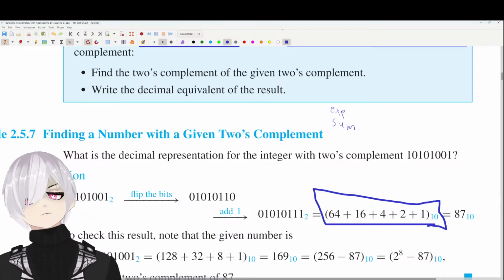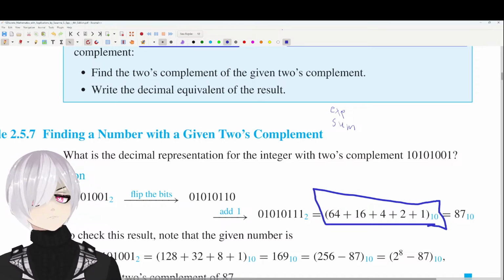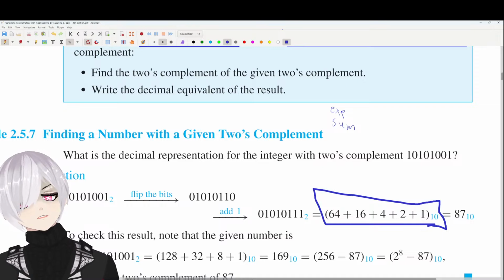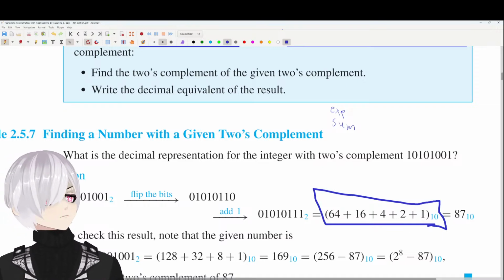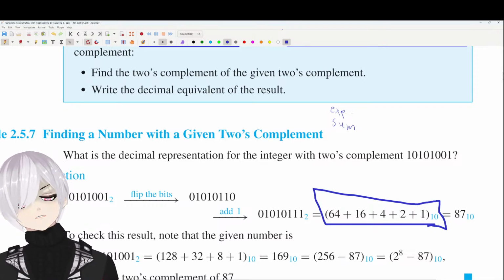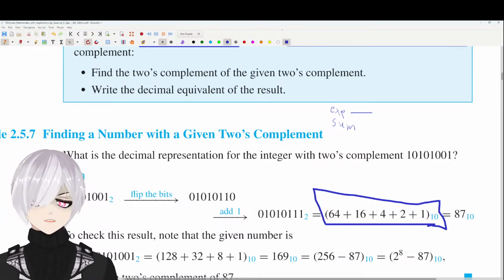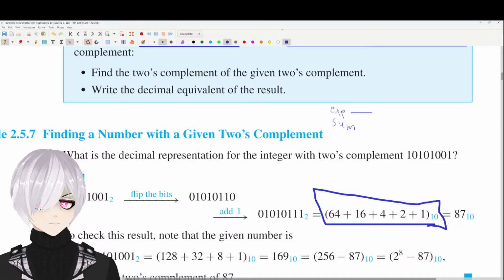Right. It seems like the amount of work you have to do each time you want to really calculate the decimal representation of a binary number is you need to first map the exponent to a decimal number. Or maybe they consider exponents decimal numbers as well.